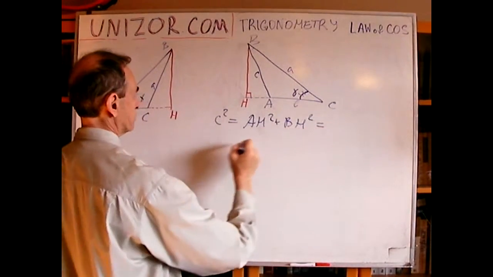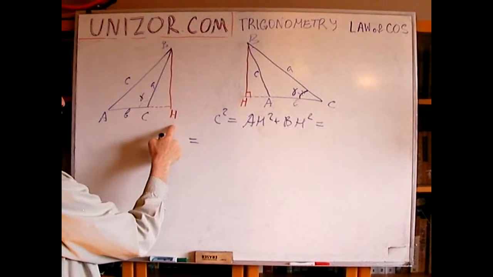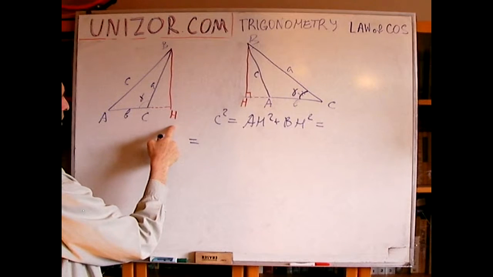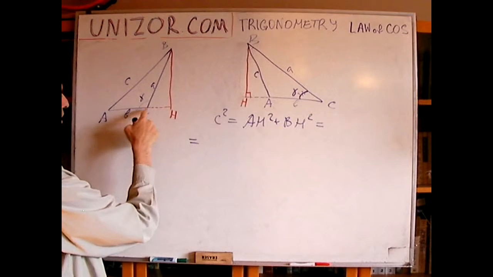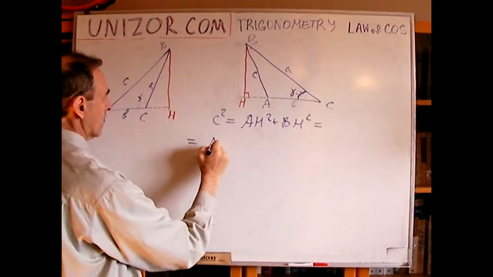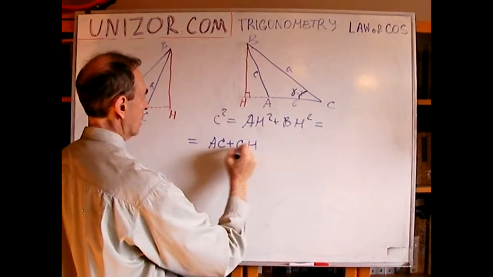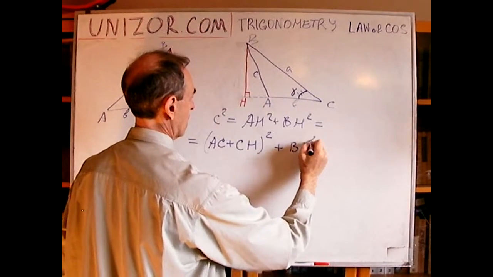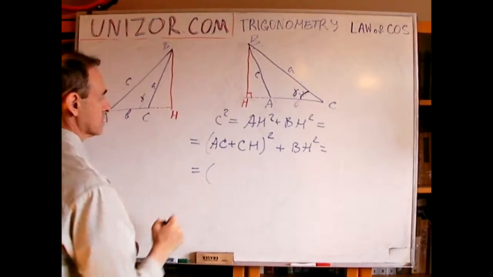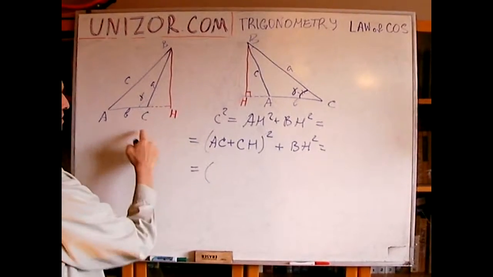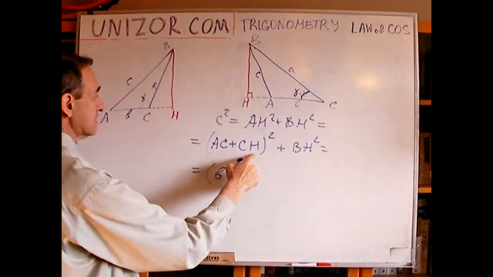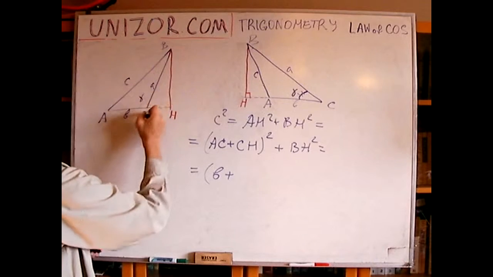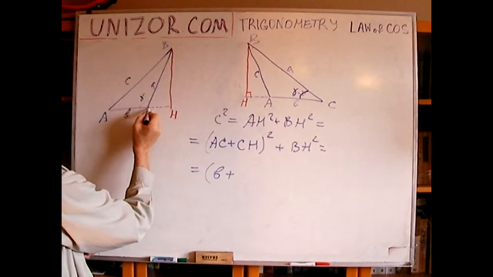Equals. Now, AH squared. Now it's B plus something. It's AC rather, plus CH, plus BH squared equals. Now, AC is B. CH is from this triangle BCH. This is the hypotenuse.